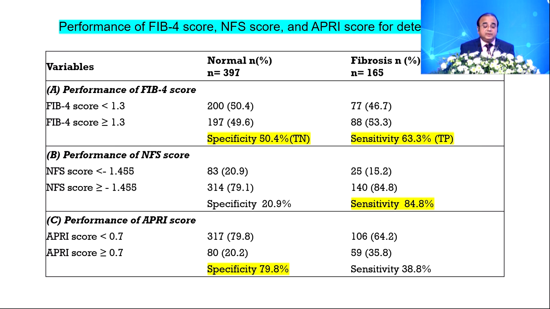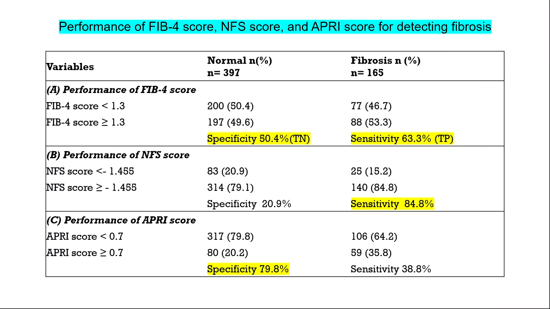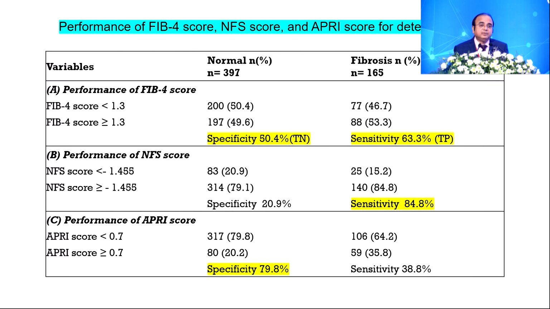So when we looked into the sensitivity and the specificity of these scores, we found that the FIB-4 has shown the best specificity and sensitivity. It is neither missing the normals, nor missing the patients who have MASLD, nor is it diagnosing all the true positives. So this is a more balanced score in our data set.